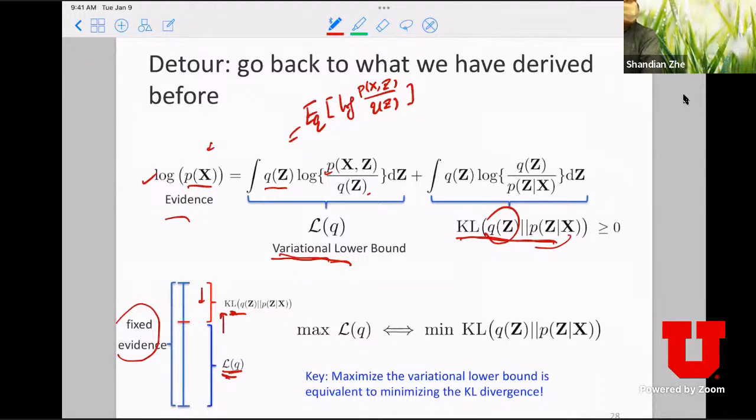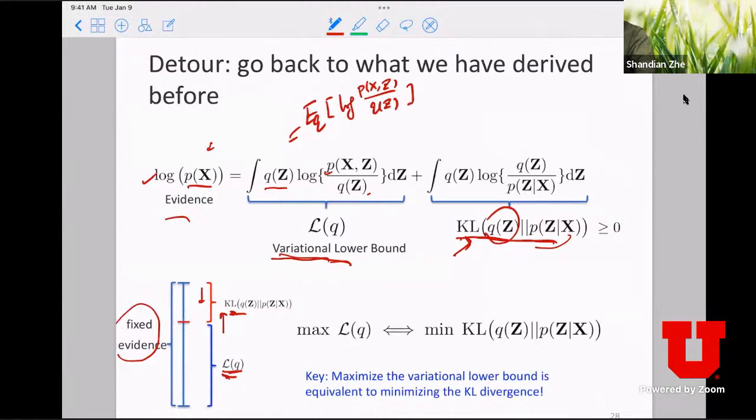Okay. So now I want to ask a question: when will your lower bound reach its maximum? Yeah, when the KL is 0. If you can find a Q(z) which makes your KL divergence 0, that means your Q(z) is exactly the true posterior.